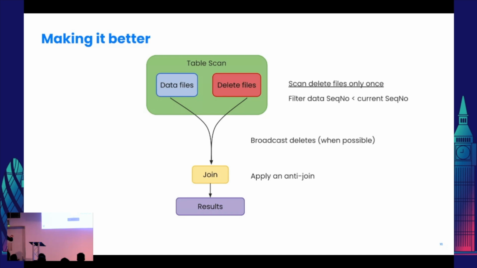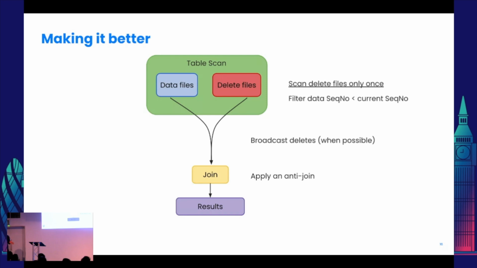But the essence of this is that the delete files will always say when the delete came through, because it has a sequence number. So every event, and this is especially relevant for change data capture, is stamped by a sequence number, and then the next one happens, and the next one happens. The data files have sequence numbers as well.